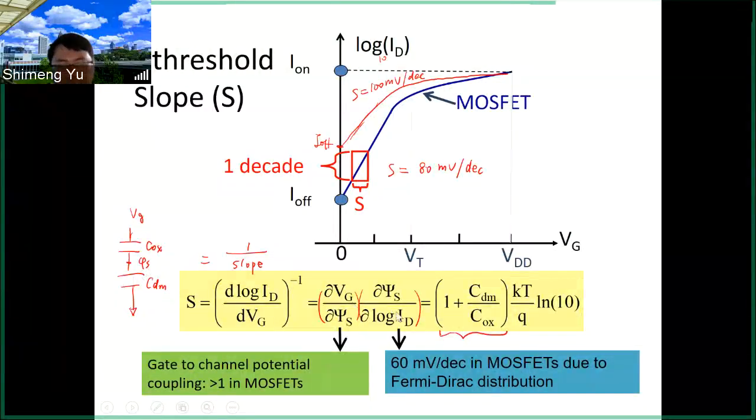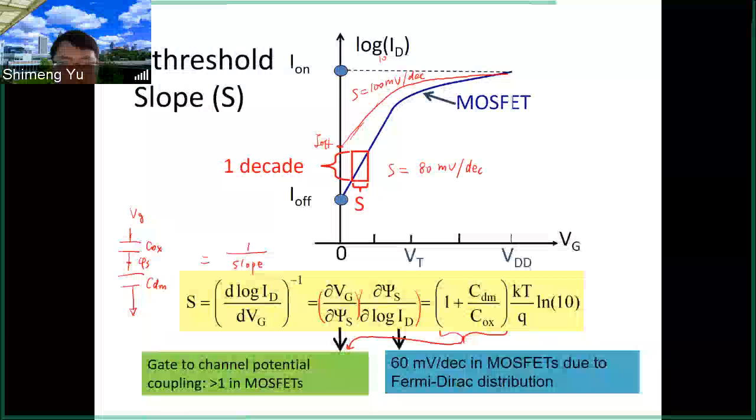I've skipped the details, but if you do that, you get the phi s with respect to the Vg using COX and C depletion, and then you get this term. This is the first term. And the second one is the subthreshold current change with respect to the phi s.